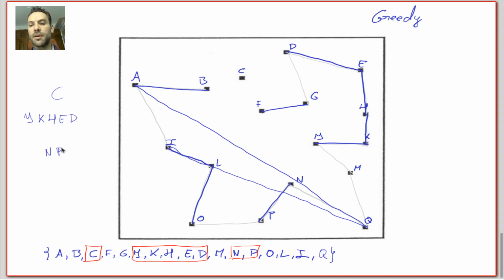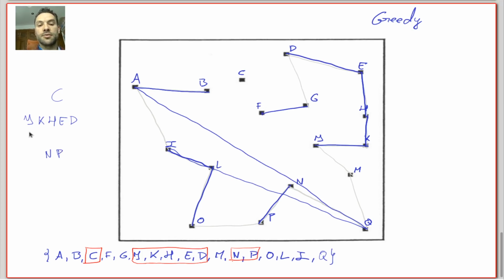In addition, since we are dealing with the symmetric traveling salesman problem, we can traverse one arc from A to B or from B to A with the same cost. So we could exploit that fact and consider also moving along the chunks in the opposite direction.